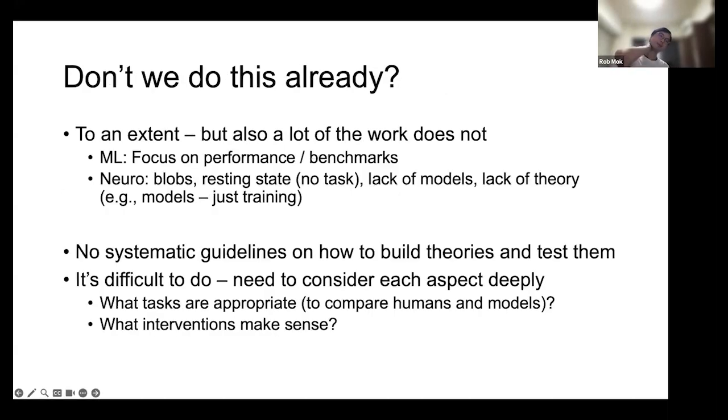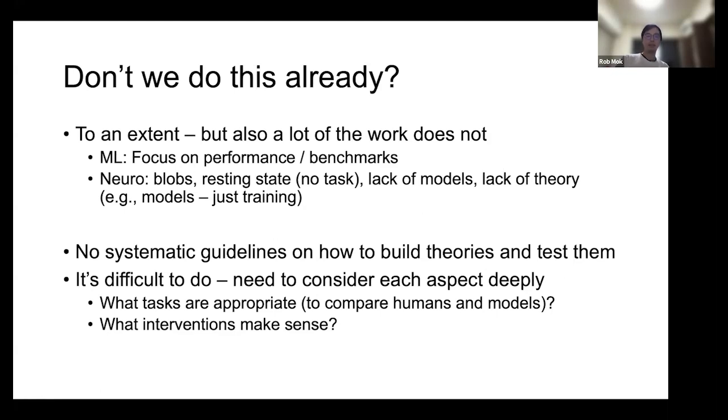One disclaimer: don't we already do this? Yes, we do, but only to an extent. I think there is still a focus on performance, and on correlations between models and brains. And in neuroscience, sometimes you just have blobs, or no task, or a lack of theory. It's something I've been thinking a lot about, how we should be building our theories and testing them.